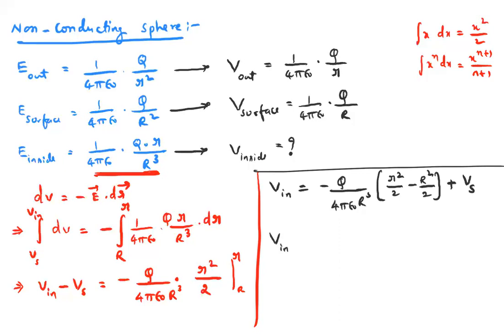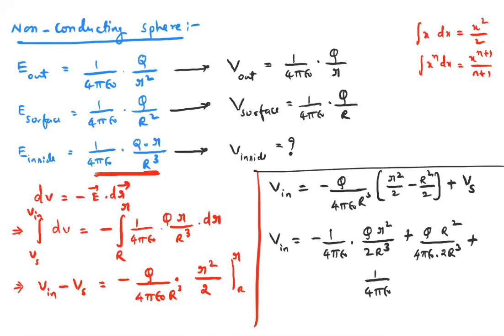That is, V inside is equal to, expanding the terms, minus 1 by 4 pi epsilon naught Q r square by 2 capital R cube, plus Q by 4 pi epsilon naught into Q R square by 2 R cube, plus V on surface, which is 1 by 4 pi epsilon naught Q by capital R. Here Q by 4 pi epsilon naught is common.